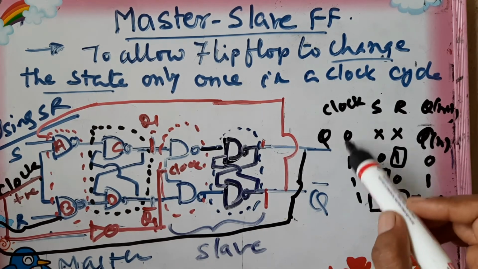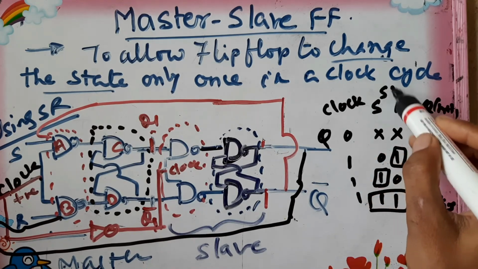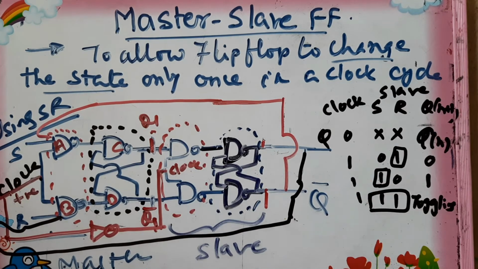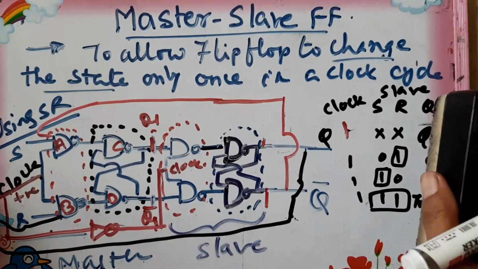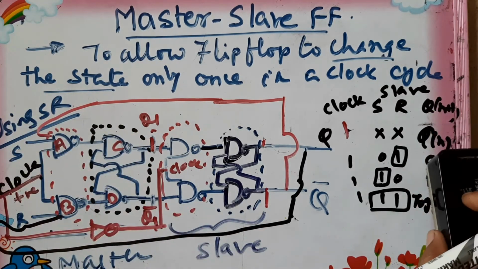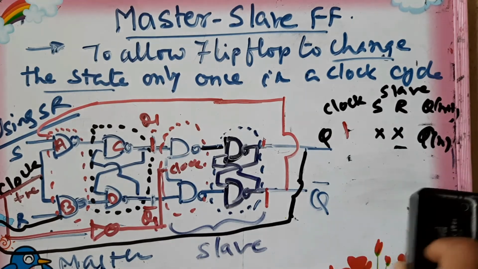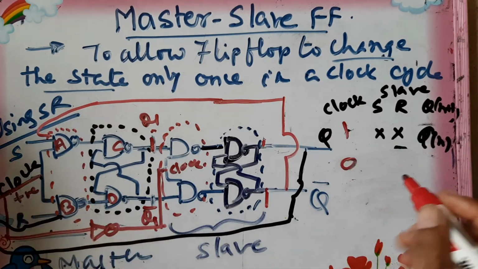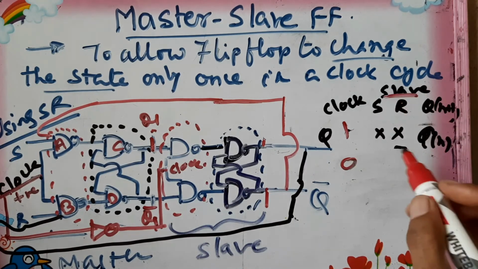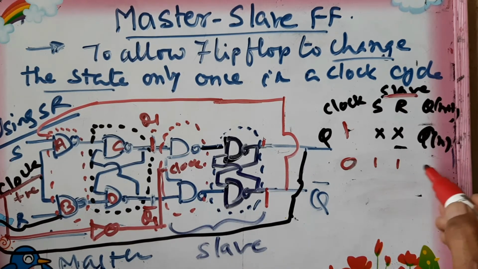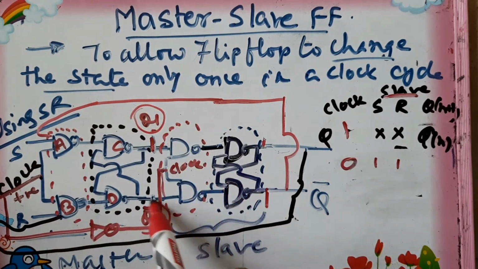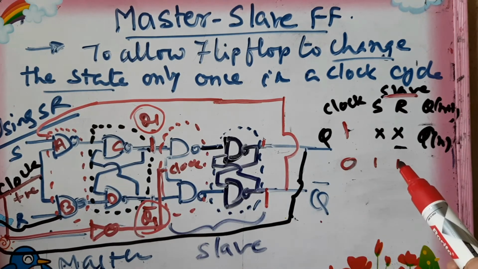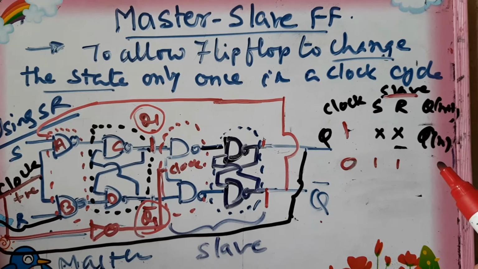So when clock is 1 for slave, it will not respond to the changes at these inputs, and when clock is 0 for the slave, it will respond to the changes in the input, and the bits available at Q1 and Q1 bar will be there at Q and Q bar of the master slave configuration. So this was master slave using SR flip flop.